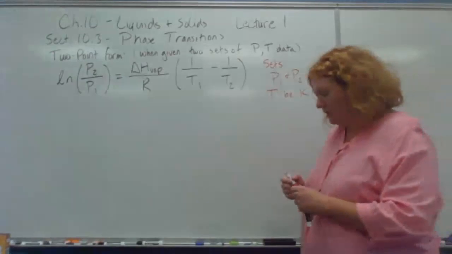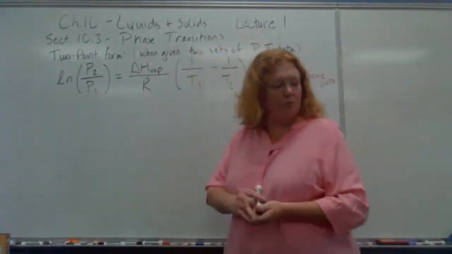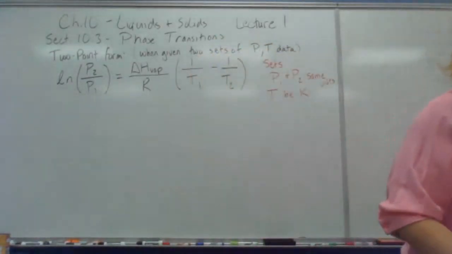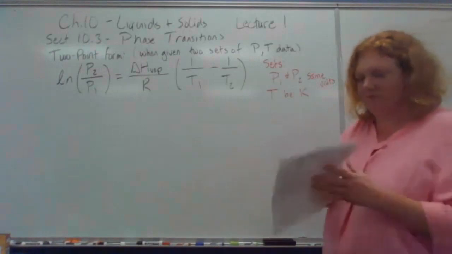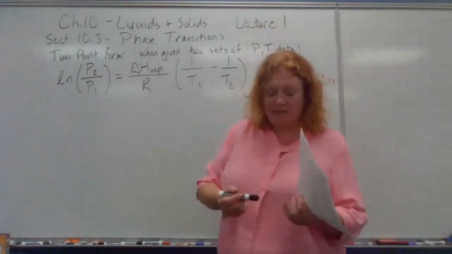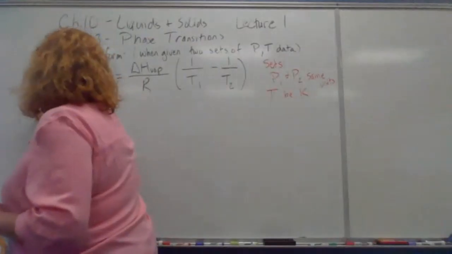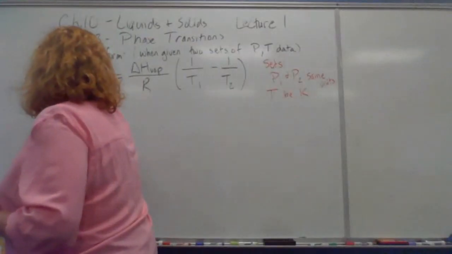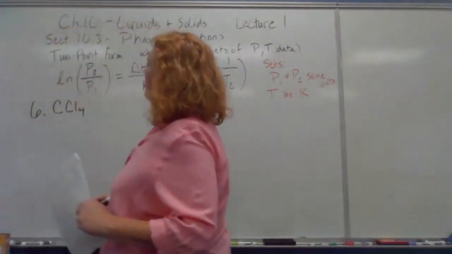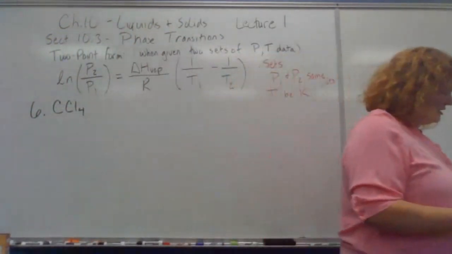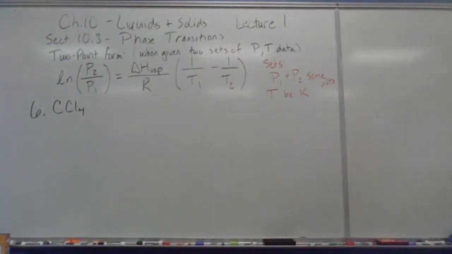Okay. So let's look at an example. Let's look at number 6. Carbon tetrachloride. Okay. Here's my question for you guys. Look at that compound, carbon tetrachloride, CCl4. Is that polar or nonpolar?